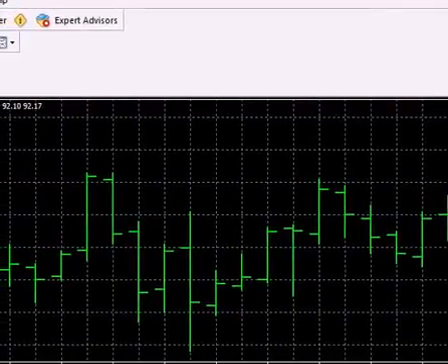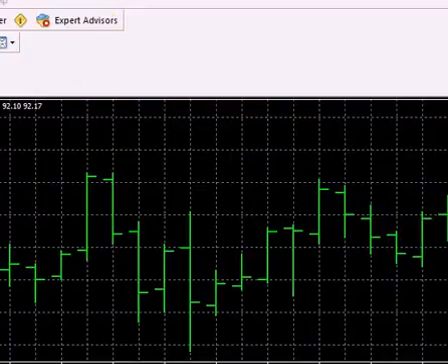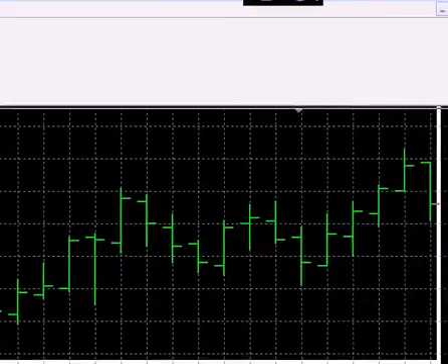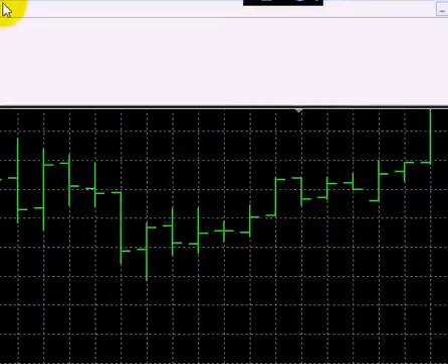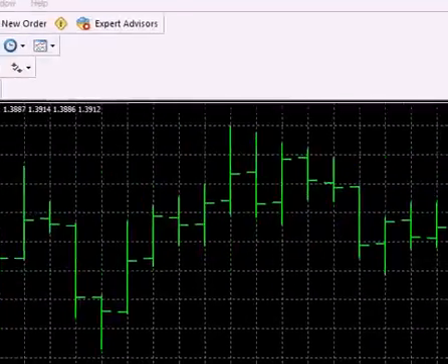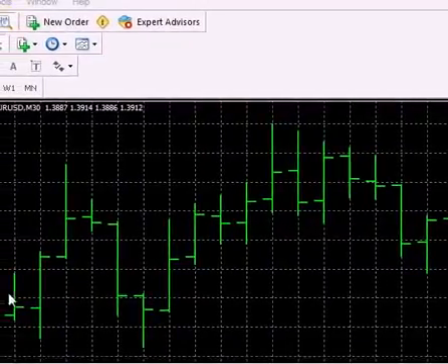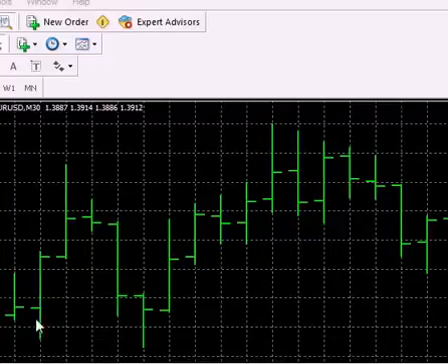Now, before I wrap things up here, let's go ahead real quick and look at a few examples of the euro US dollar. Now, in this case, on this entry bar, we made about 40-something pips on this one. On this entry bar here, we actually didn't lose money.